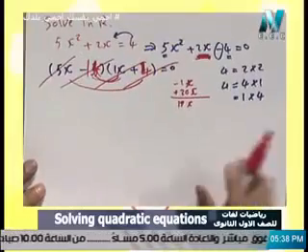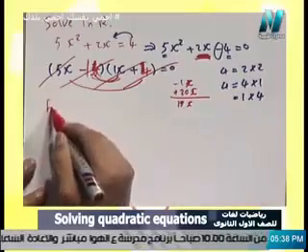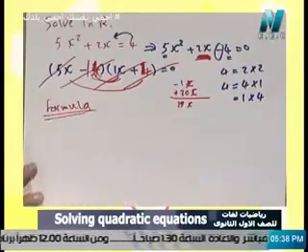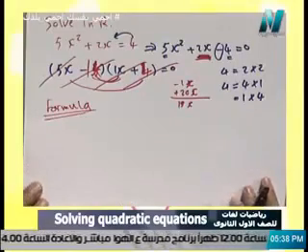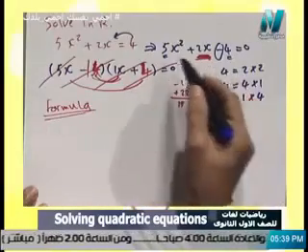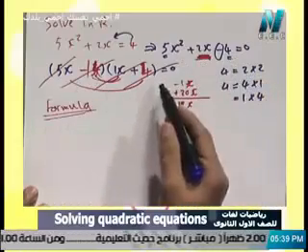So we have to find the other solution, which is using the formula. So the formula is a very useful method to find the solution of this quadratic equation, because factorization here fails.